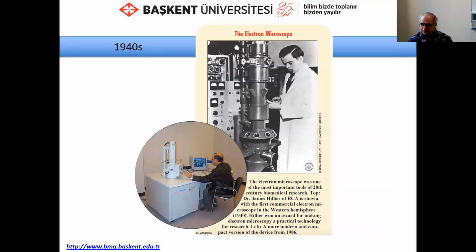And during the 1940s, we see the discovery of the electron microscope, and this is a very important milestone in the history of biomedical engineering. Because after this time, the scientists could visualize the matter in depth.